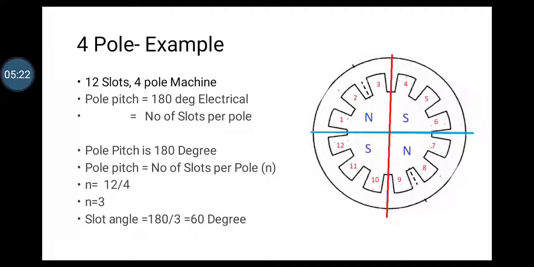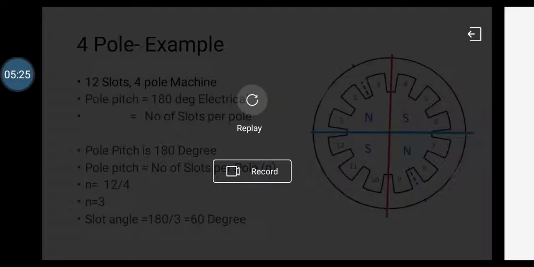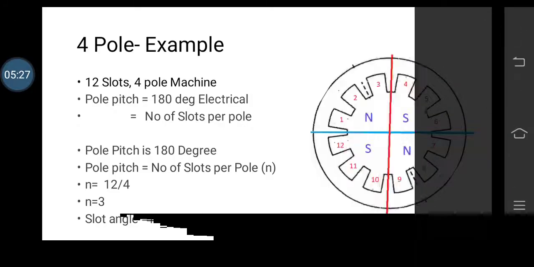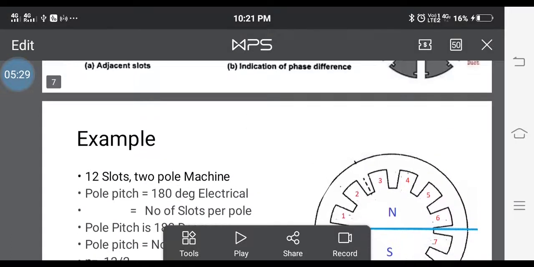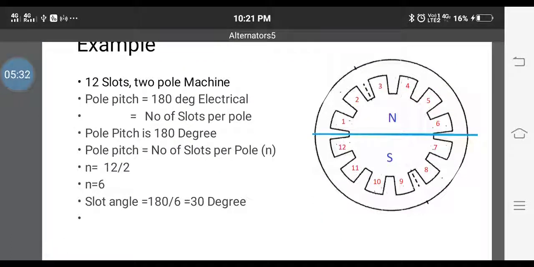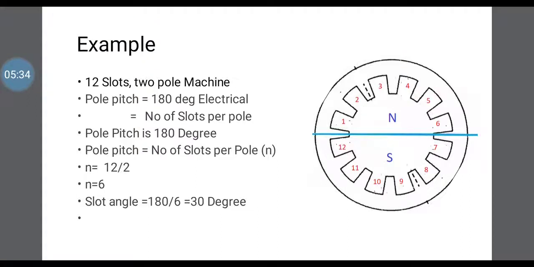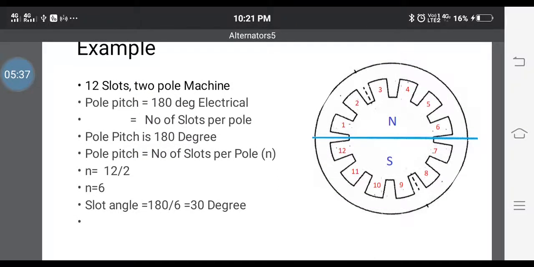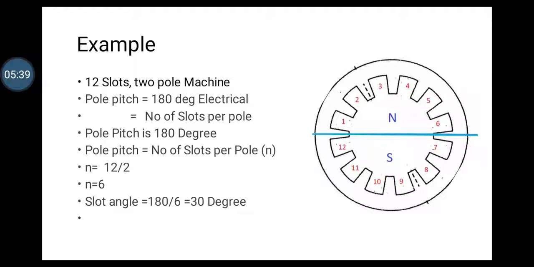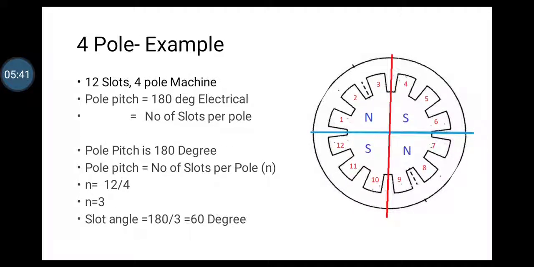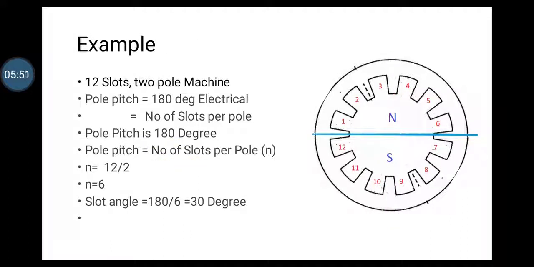If you see both cases, in the previous case the slot angle is 30-degree, and in this case, with 4 poles, the slot angle is 60-degree.